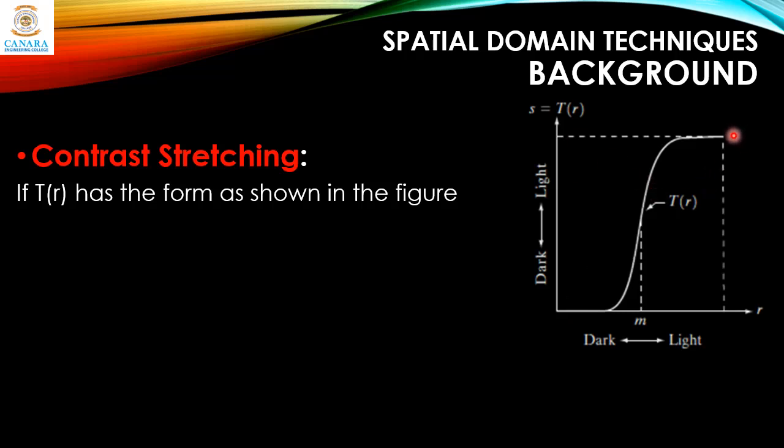Now the transformation function T of R is shaped so that you are stretching the contrast. That means till the input pixel value hits some level, the output is kept at 0. That means you are making it darker till it hits some threshold, like in this case.